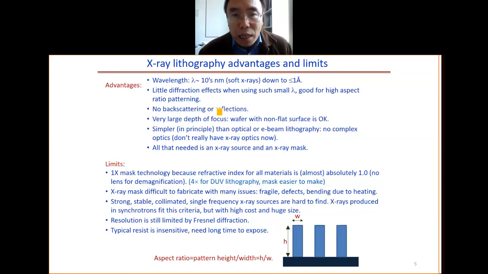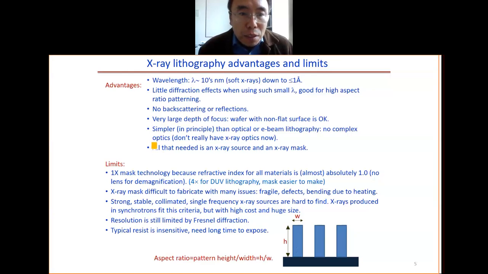We know light can be reflected back, and for electron or ion beams, which we will learn about in chapters 5 and 6, the charged particles can be scattered, but X-ray will not be scattered. And it has very large depth of focus. That means the resist top and bottom can both remain well focused.